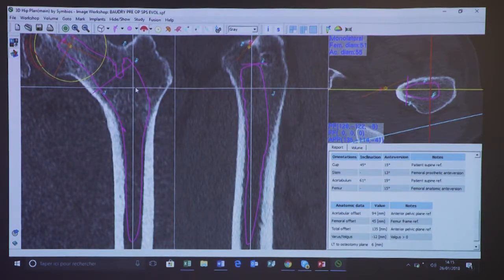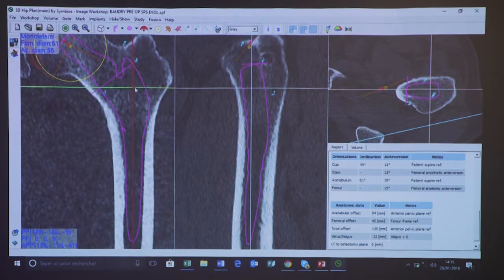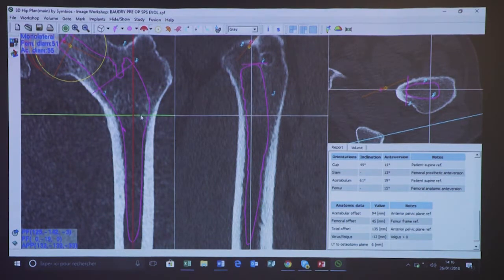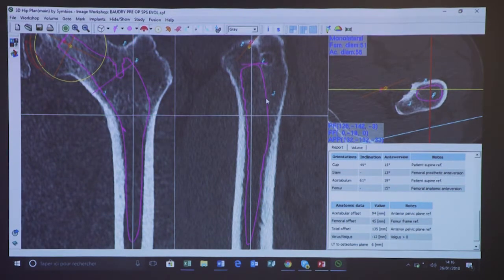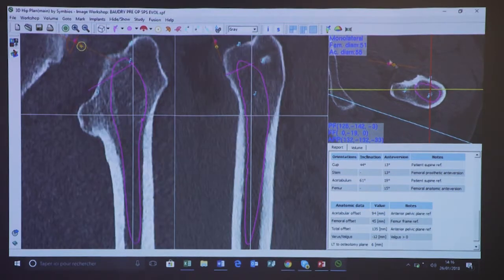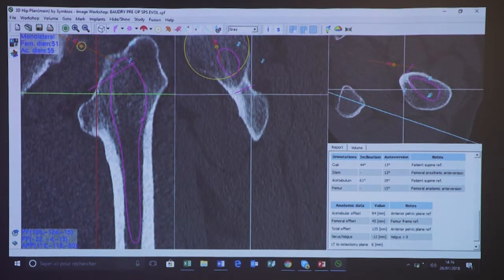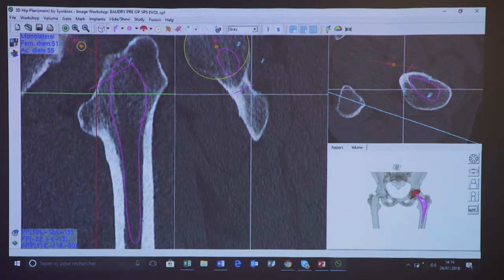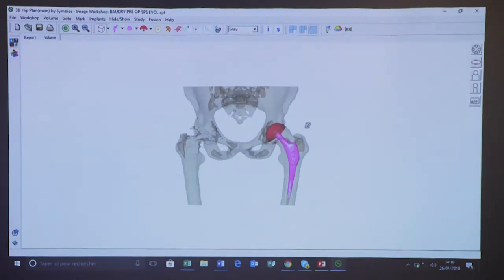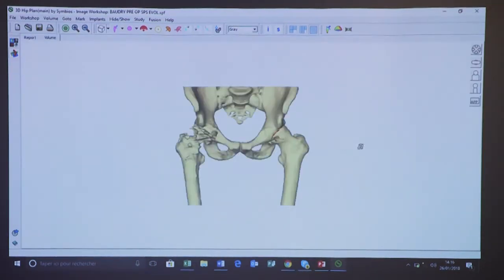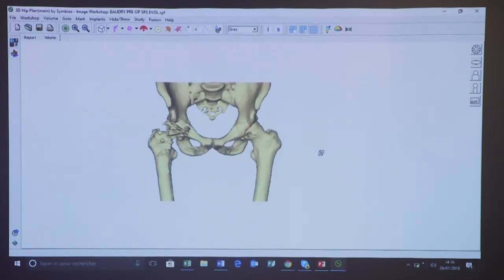Afterwards, we always have to take some landmarks. So you can see here, for example, the lesser trochanter. You can do it like I'm doing it, manually, or you can go directly here in 3D and just pick up the points.